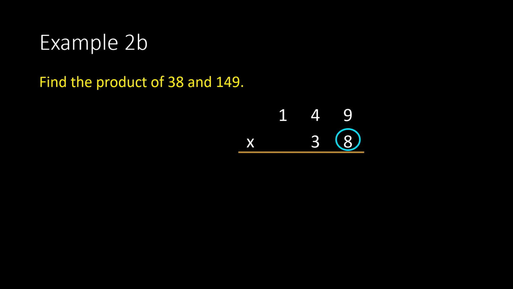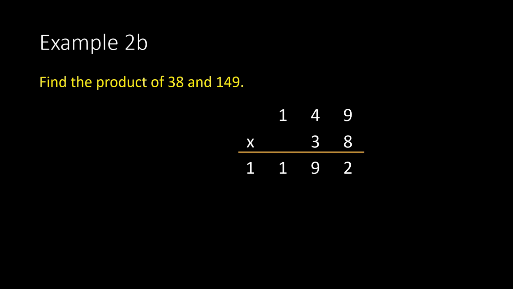So 8 multiplied by 9 equals 72. 8 times 4 equals 32, and add that to the carried over 7 to give us 39. 8 times 1 equals 8, and add that to the carried over 3 to give us 11. And this carried over 1 is simply placed here as shown.